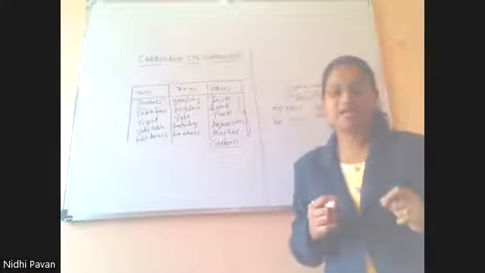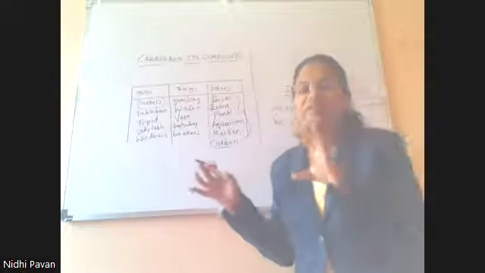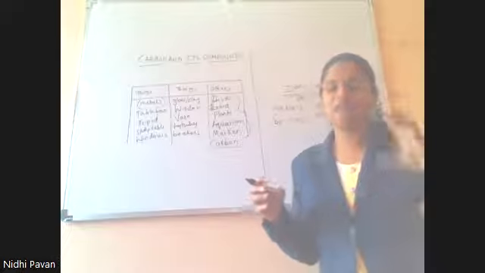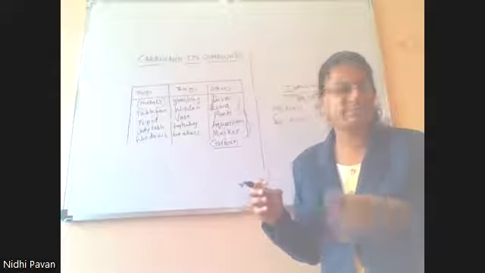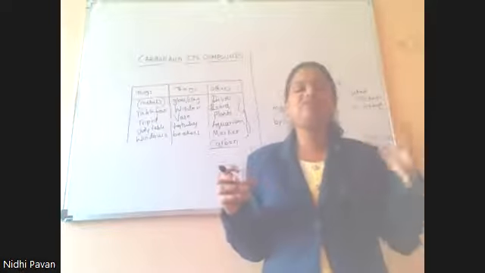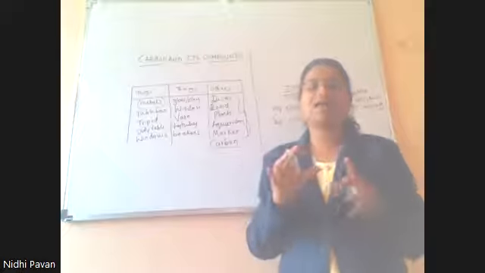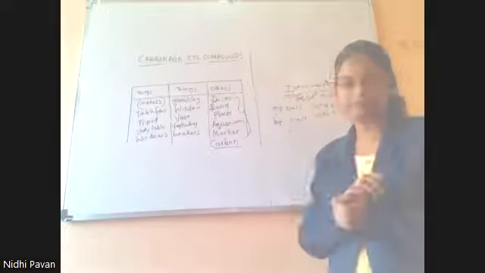So we should remember that each and every living matter, suppose you consider a plant, animal, human being, anything, each and every living matter, the organic matter, will consist of carbon.